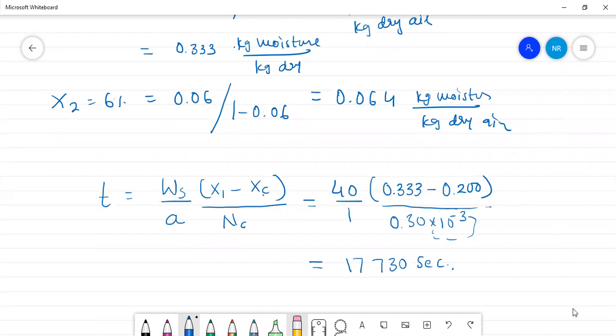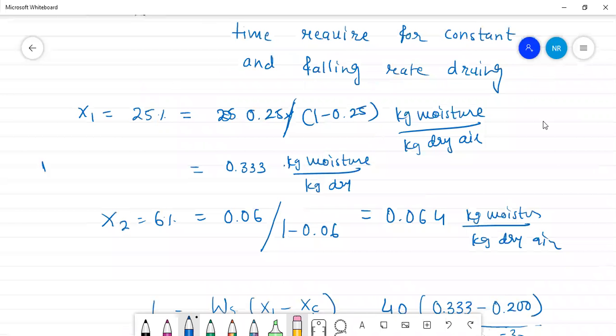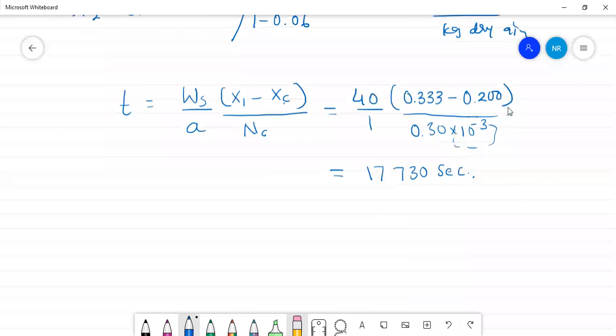So ultimately, multiplying by 1 divided by n, 17,730 seconds is the answer.